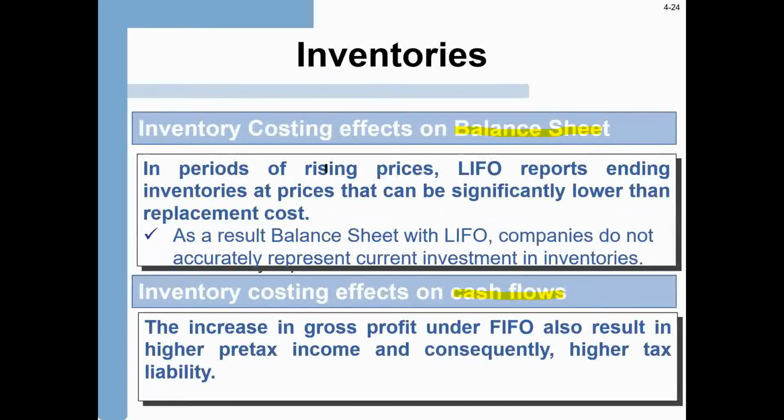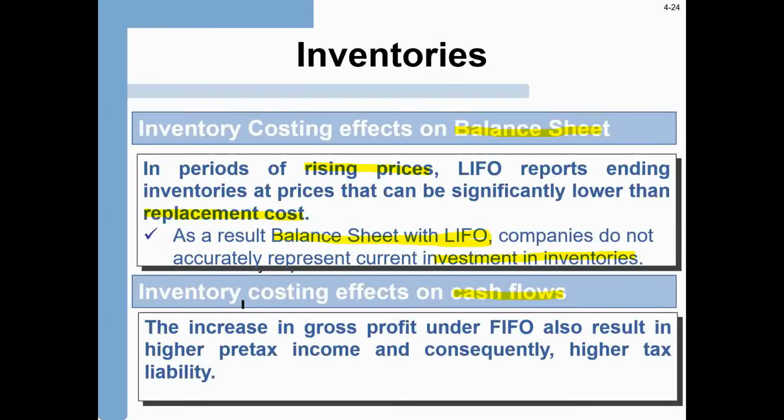In periods of rising prices, LIFO reports ending inventories at prices that can be significantly lower than the replacement cost. And over here, replacement cost refers to the cost at which we are buying the inventory now. As a result, the balance sheets of LIFO companies do not accurately represent the current investment in inventories.